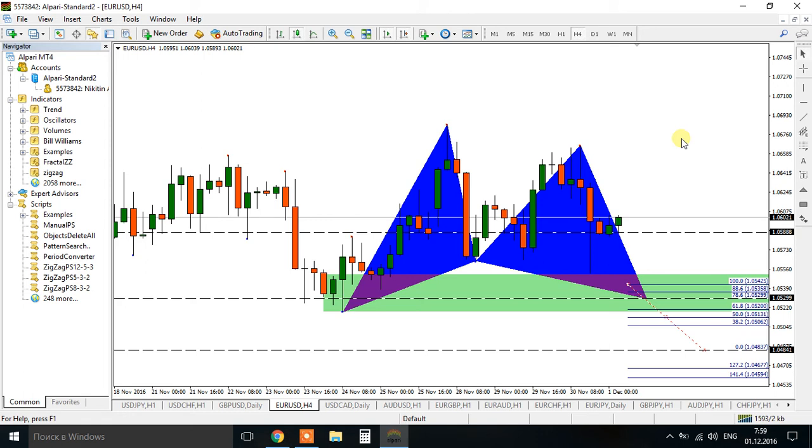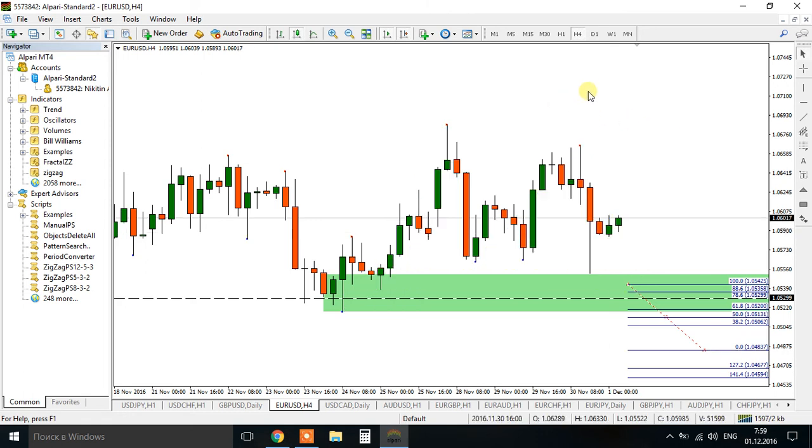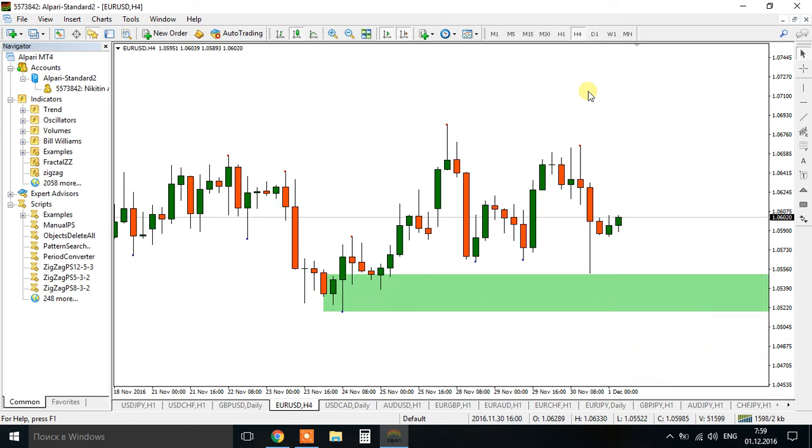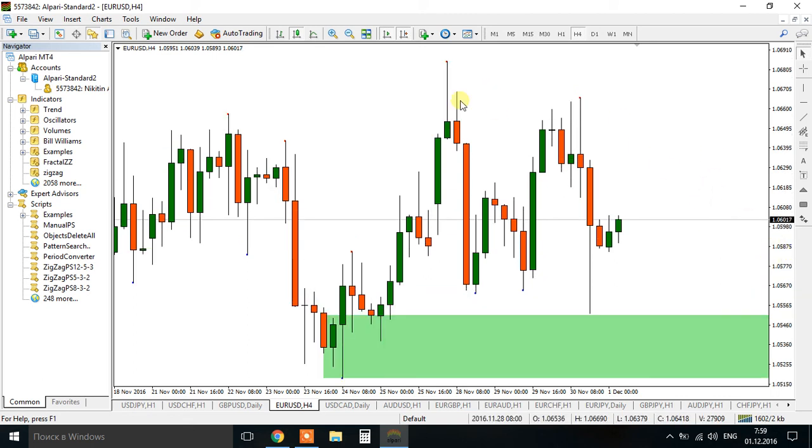Let me show you something very convenient. It's not very convenient to draw Gartleys this way, measuring every leg. So I have created a special script that will draw those Gartleys for you automatically.